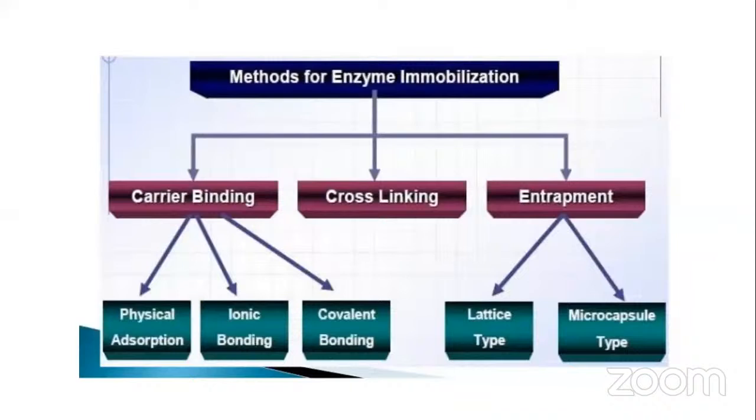I will give some examples and cross-link this enzyme solution or any protein solution, and they will get cross-linked and then become water insoluble. And another method is you can entrap the enzyme. There are ways of entrapping either in a lattice or as a microcapsule. All this we'll see in more detail now.